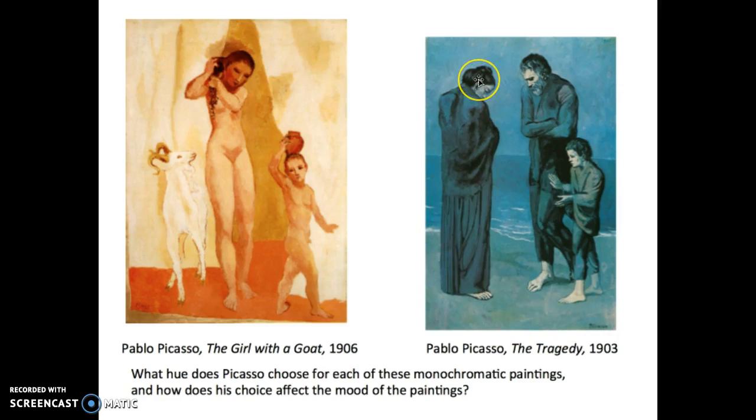But in combination with the posture of these figures in Picasso's The Tragedy from 1903, the blue monochromatic color scheme is evocative of sorrow or devastation here.